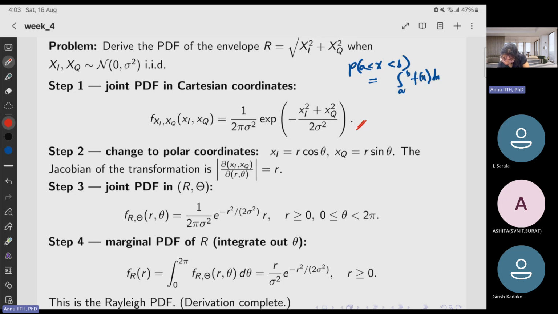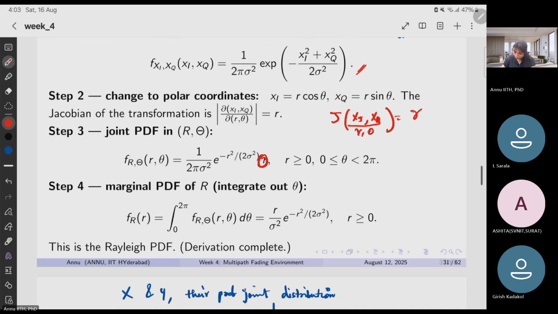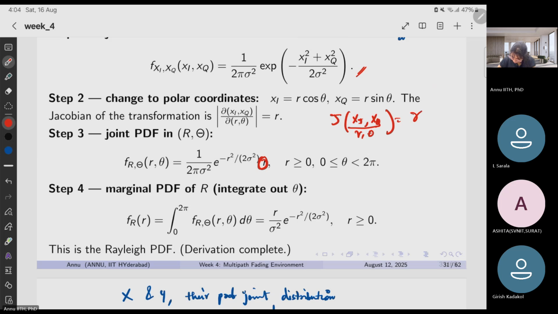So converting both, it is equal to r multiplied with the Jacobian matrix. The modulus is r.